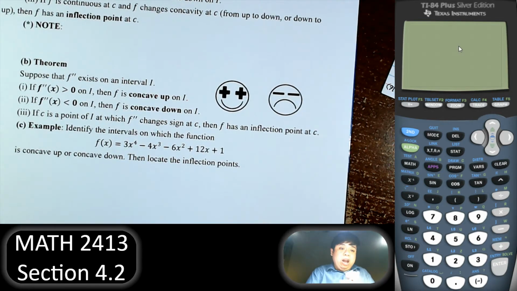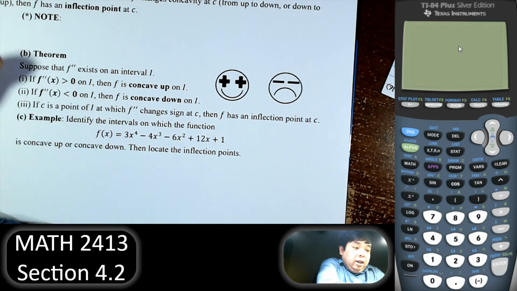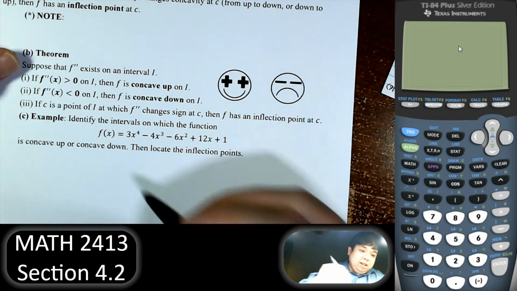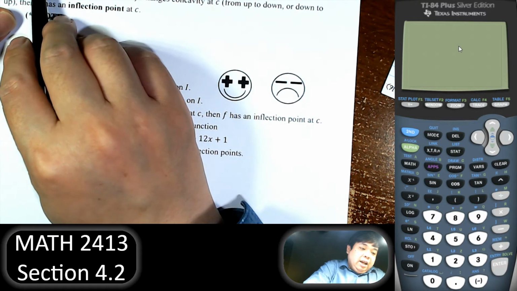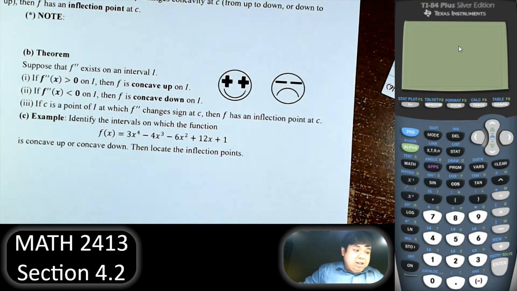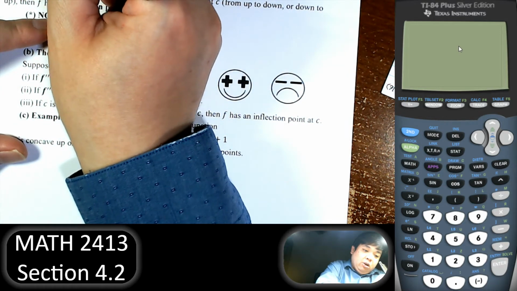Now, what do we have for the second derivative? Before we do anything, let's define concavity. Let f be differentiable. If the derivative is increasing, then it is concave up. By the way, this is how the book defines concavity.